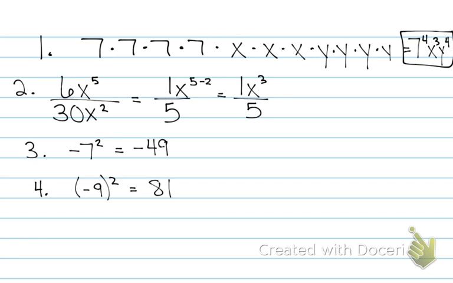What if, okay, so this one was kind of tough on the quiz. What if I had 5 to the 9th power x to the 4th power over 5 to the 6th power and x to the 10th power?